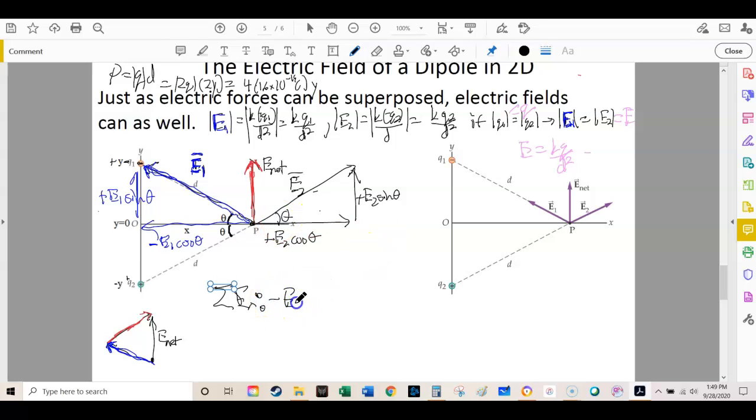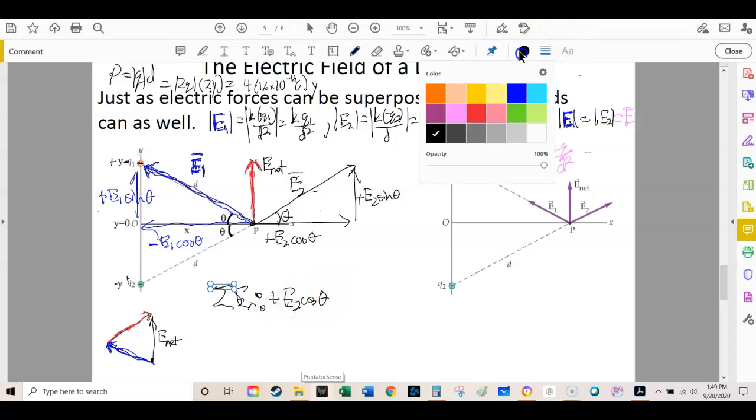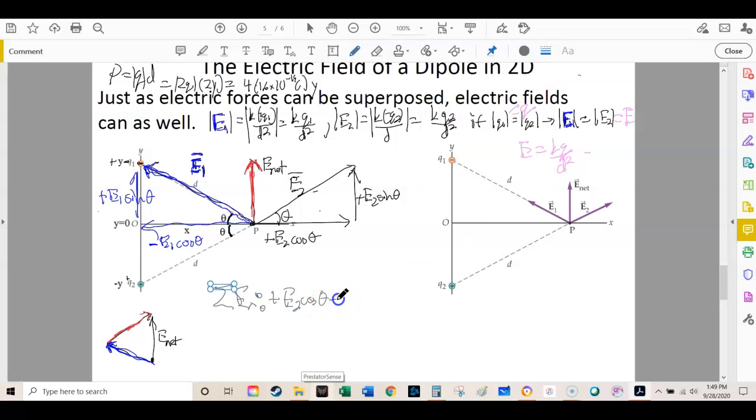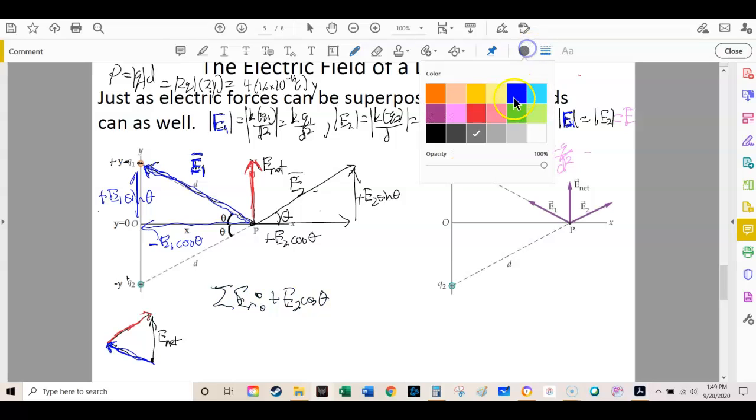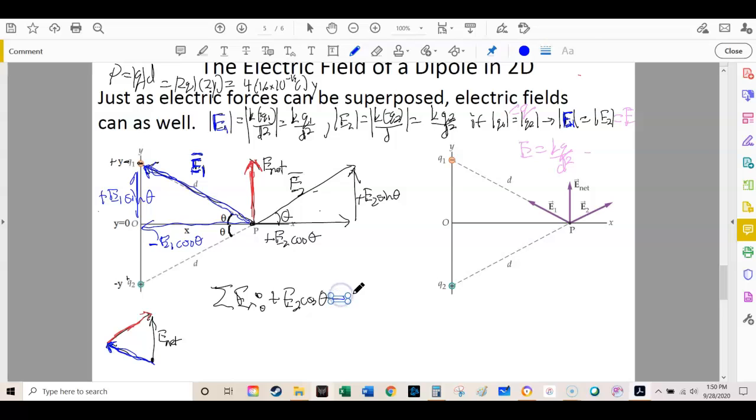You have E2 cosine of theta, and then you have minus E1 cosine of theta. But since everything's the same in here, this is going to be 0.